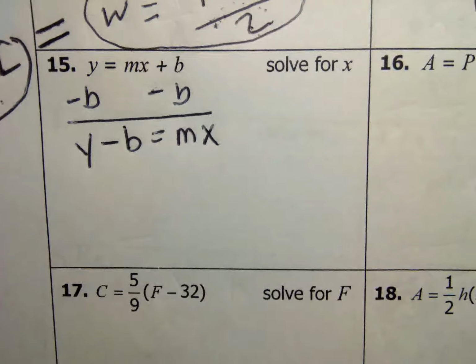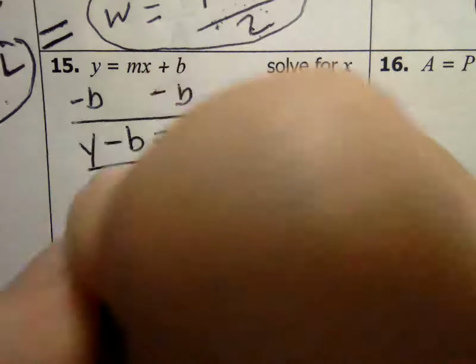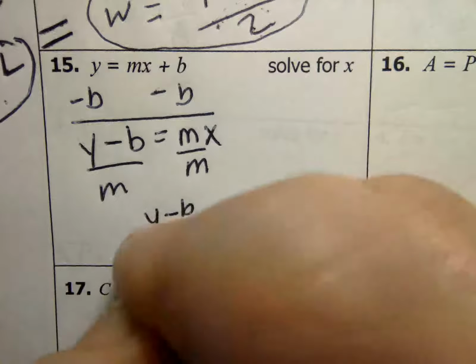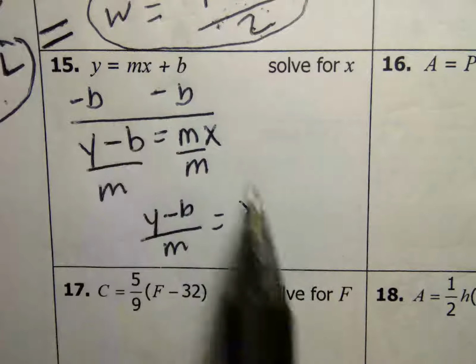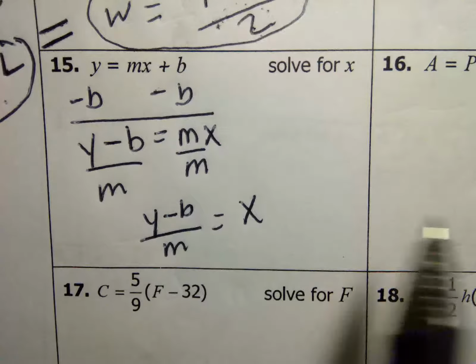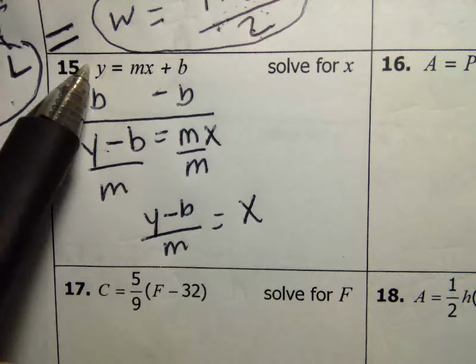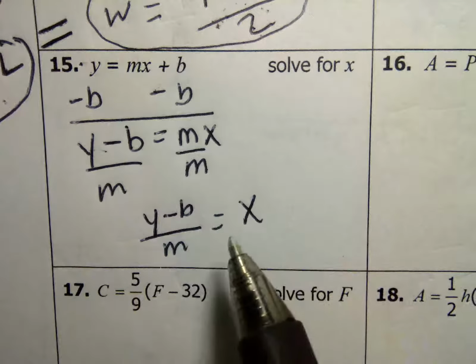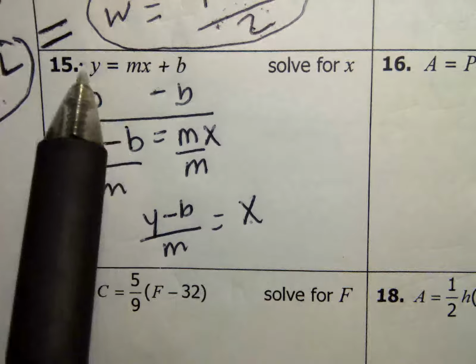And then on this one, keep it this way. It's not too often. Generally, for algebra, this is always your end goal: y equals mx plus b. This solving for x isn't your end goal. Solving for y is your end goal.